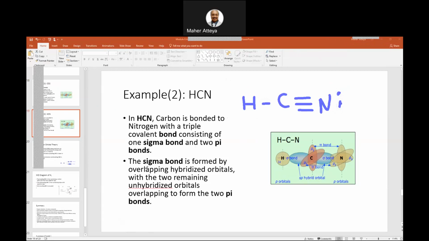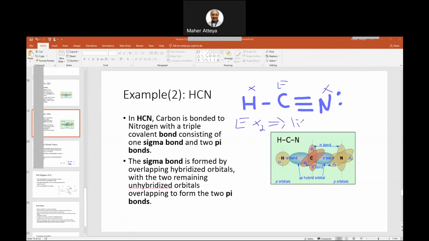So let me take the other one out. If this is your central atom, these are the terminals. So this is AX2, no lone pair on the carbon, and this is, as you said, linear.